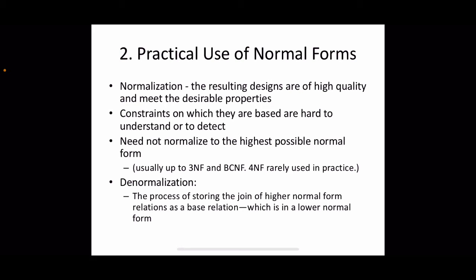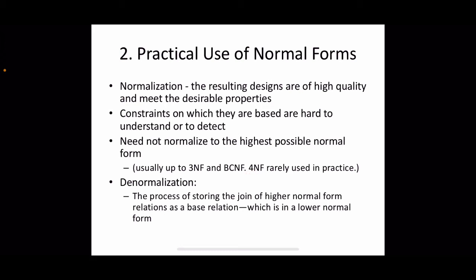So definitely they will evaluate their database schema by applying tests for normal forms, and certain normalization will be carried out to ensure that the designs are of high quality. Although several higher normal forms like 4NF and 5NF are available, usually this normalization will be carried out up to 3NF or BCNF, and rarely it goes up to 4NF.